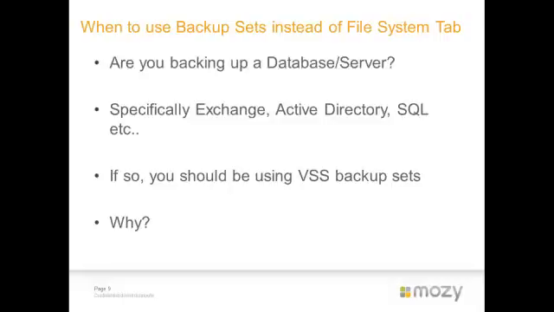Using this VSS backup set, rather than actually selecting the files and folders, all these log files are truncated and then incorporated into the EDB database, and then this database is backed up using VSS. As I was saying a while ago, in the VSS backup set you now only have maybe 4 or 5 files, whereas if you were to open up the actual Exchange database on your File System tab, you might see maybe 100, maybe 60, maybe 50 different files within there, depending on how much activity you have in your Exchange mail server.